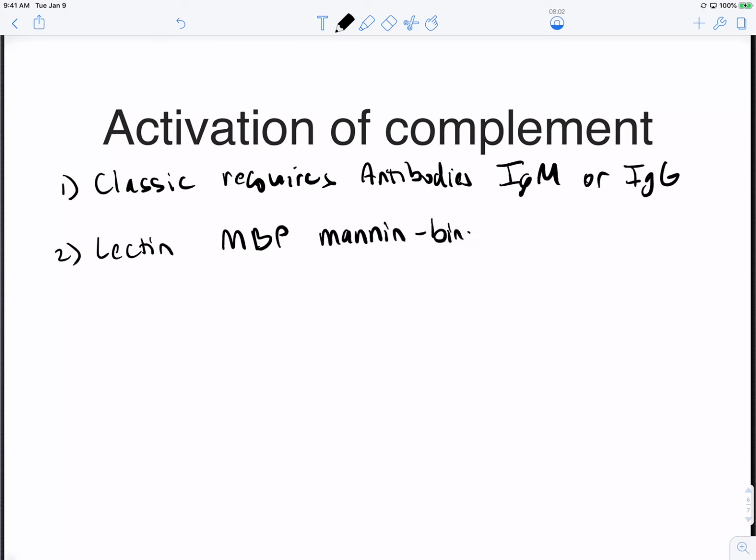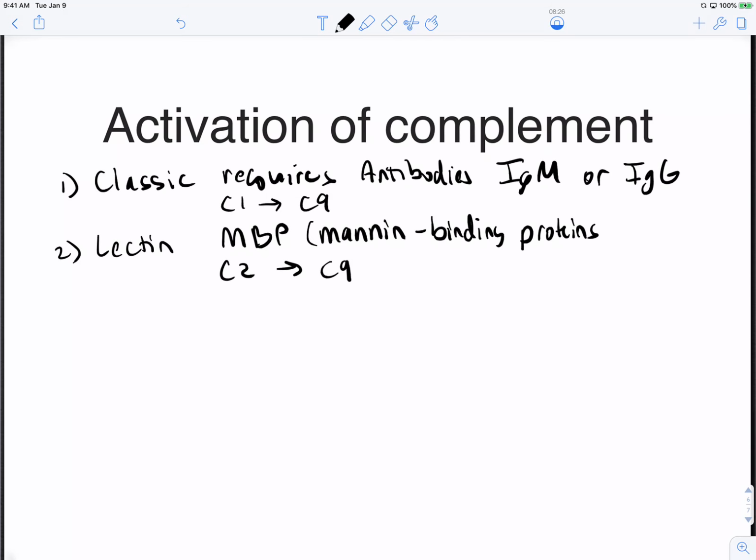These are basically binding to certain sugars on certain bacteria and will activate the lectin pathway. The lectin pathway uses C2 to C9, whereas the classic pathway, of course, we just saw uses C1 to C9, so it uses all the components. The mannan-binding proteins are only going to start at C2 and C4.